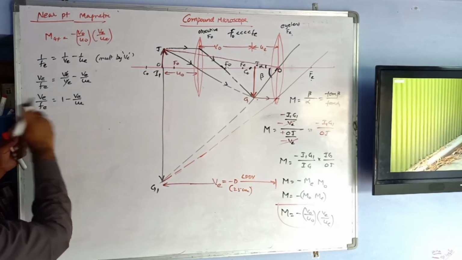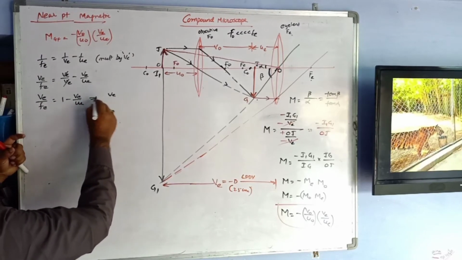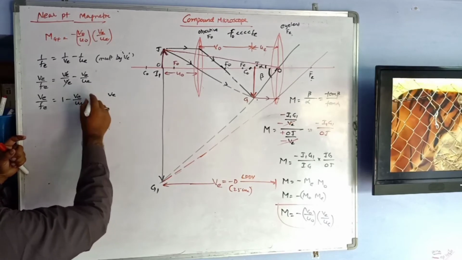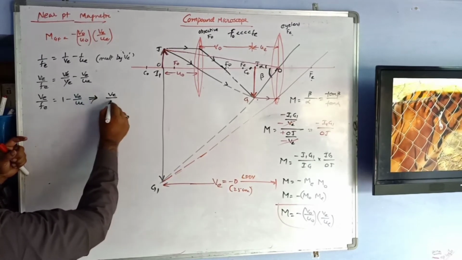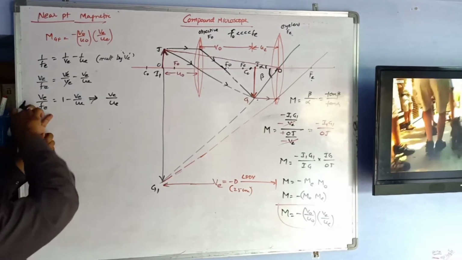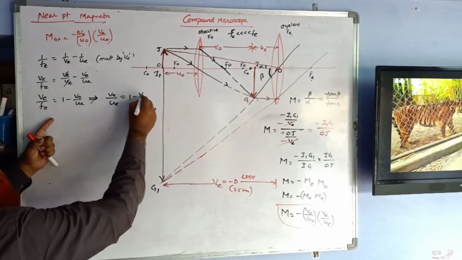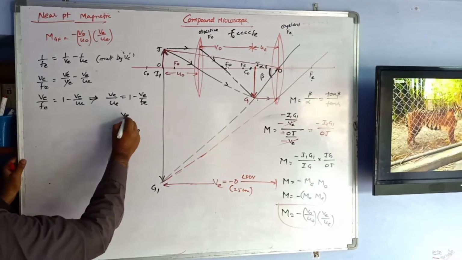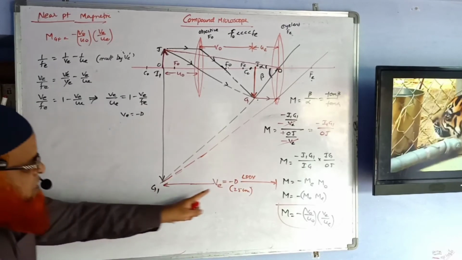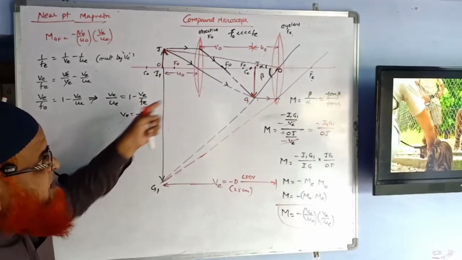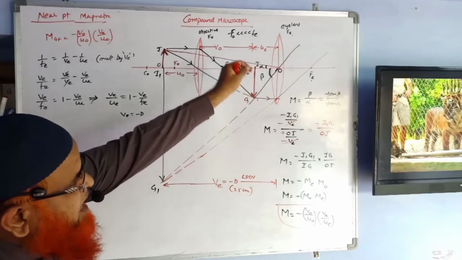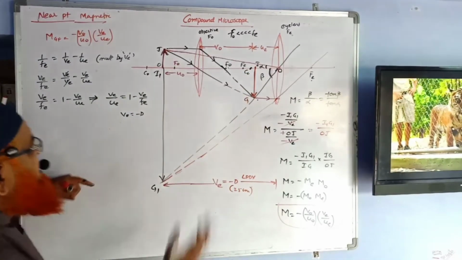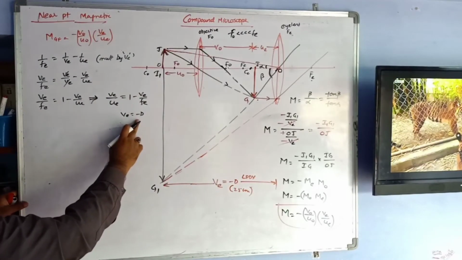I will take VE by UE to the left side, and this can go to the right side: VE by UE is equal to 1 minus VE by FE. Therefore, I can write, because VE is equal to minus D, as it is on the left side of the optic center, and the optic center is going to be the origin. You take it as the left side, so I am taking it as minus D here.